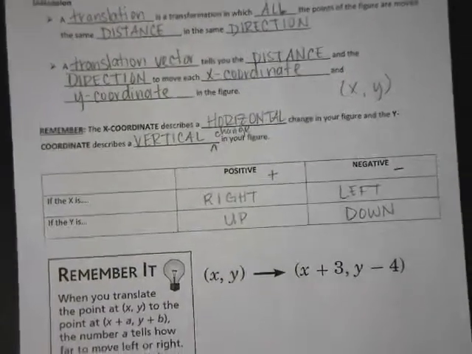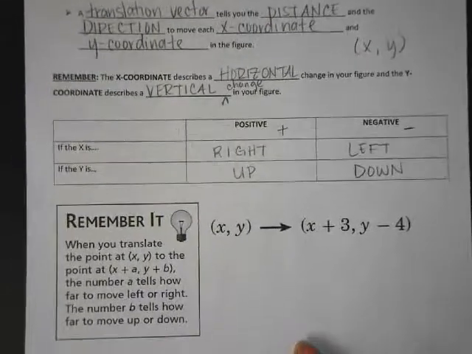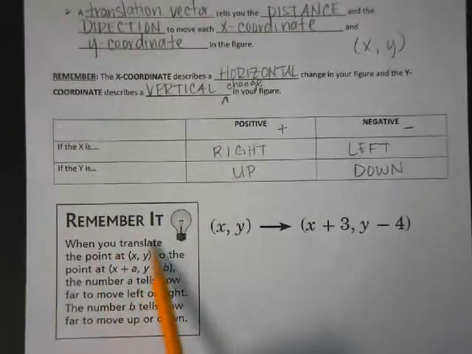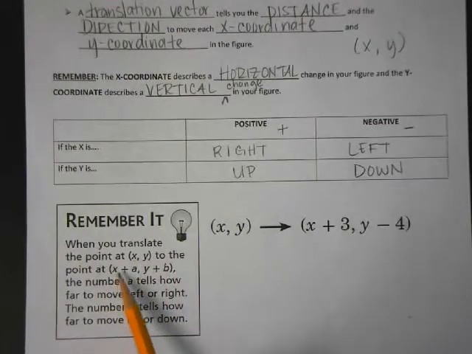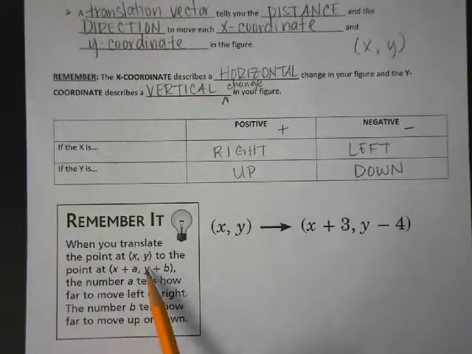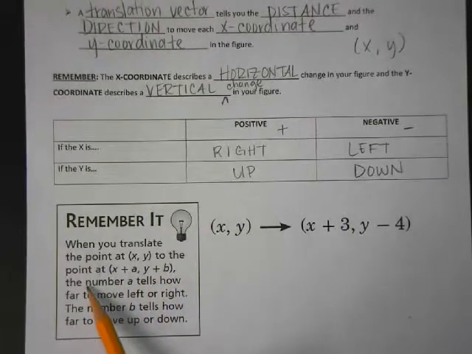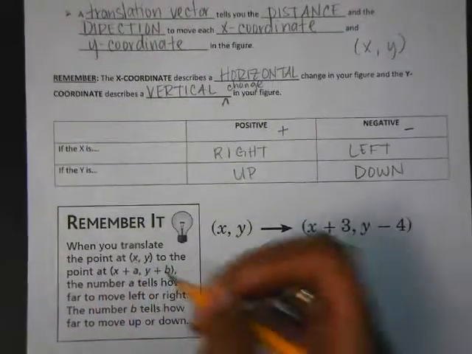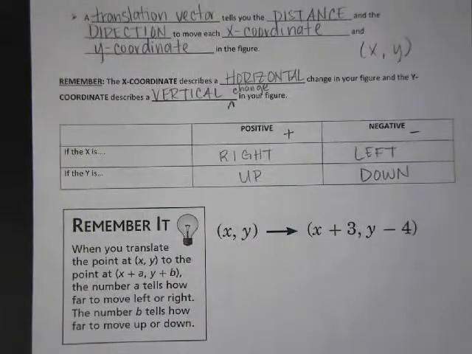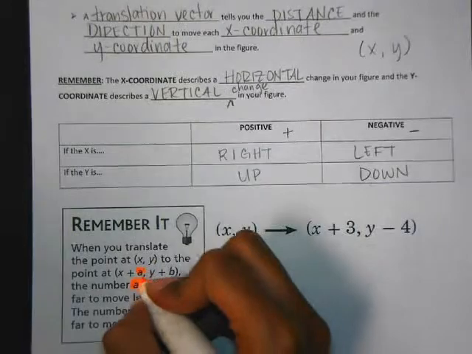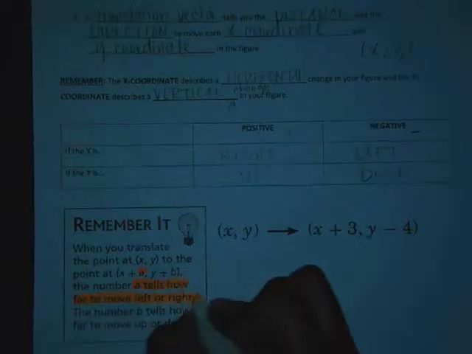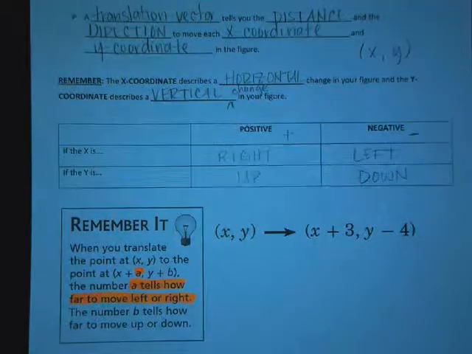Remember, when you translate the point (x, y) to the point (x + a, y + b), the number a tells you how far to move left or right.